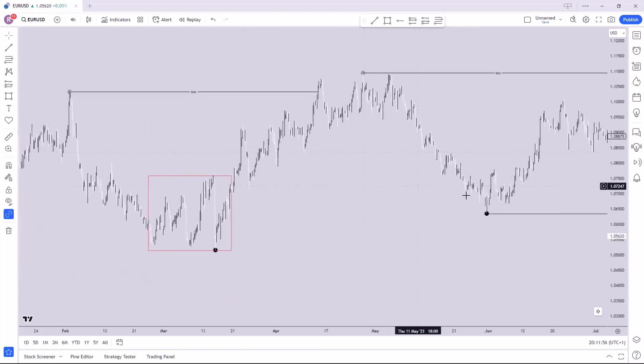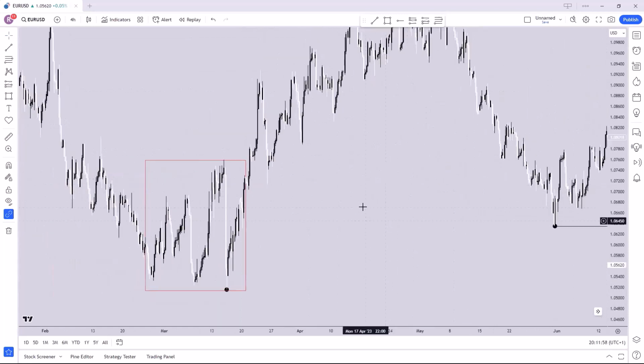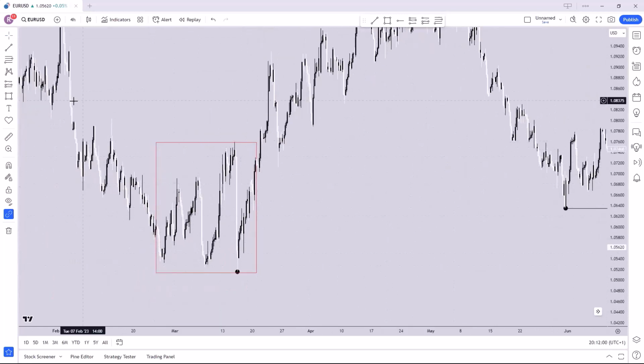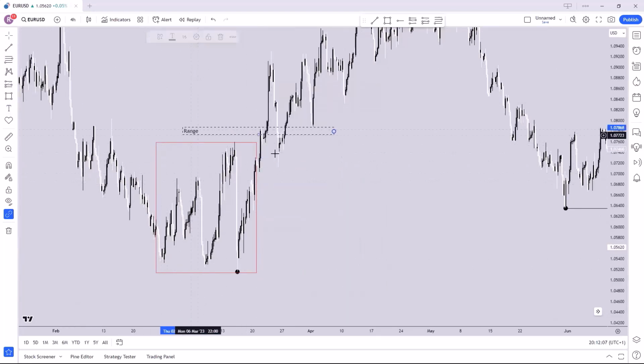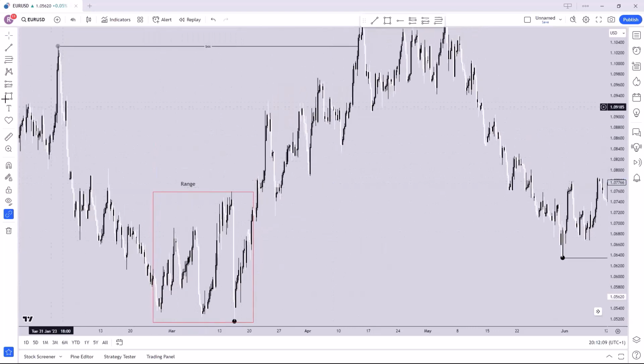We'll draw this out the same way we drew it there. So we've got this box indicating our range. Then we get the initiation phase right here.